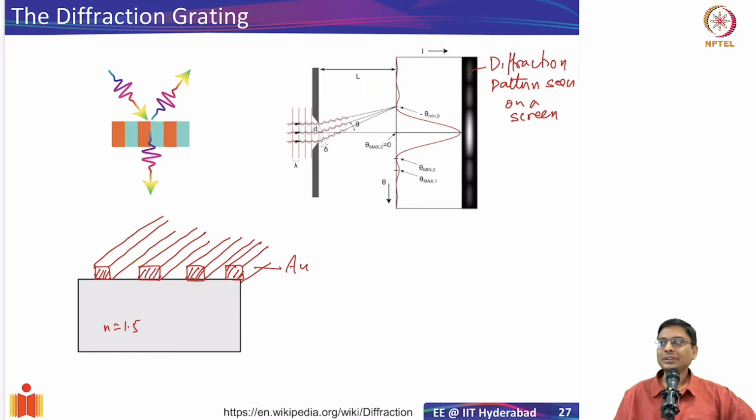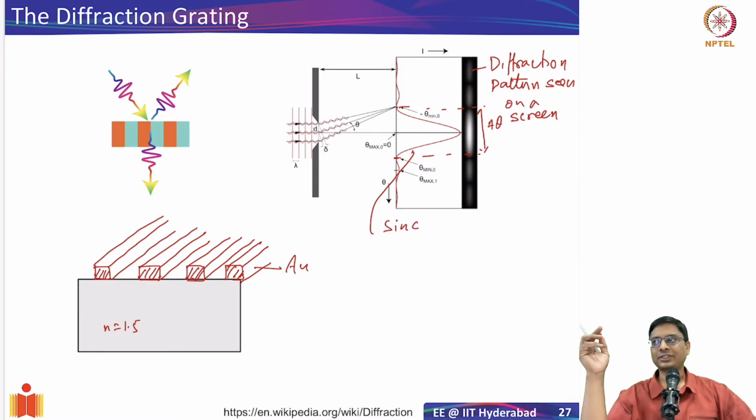All right. One of the unique features of this diffraction pattern is that if you look at the angular width of the central lobe, let me call this delta theta, the angular width. It has a minima here and a minima here, and the whole thing is actually a sinc function. This comes from the classical diffraction theory. We don't need to get into all that, but effectively it's a sinc function.